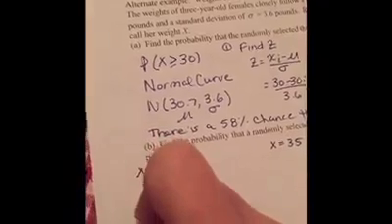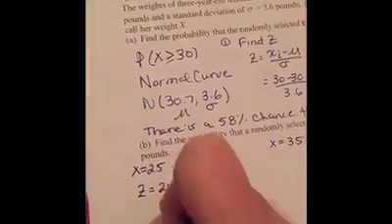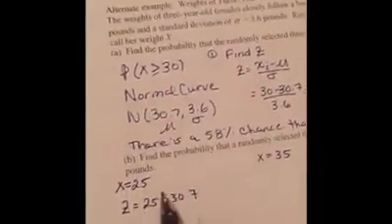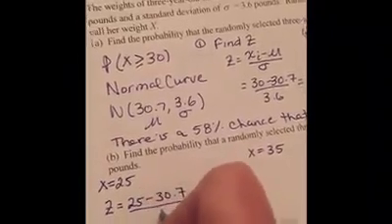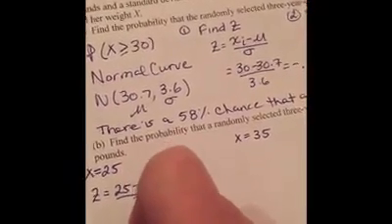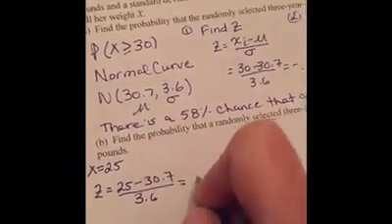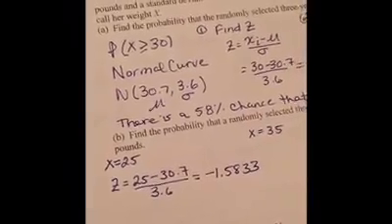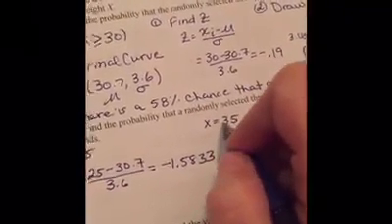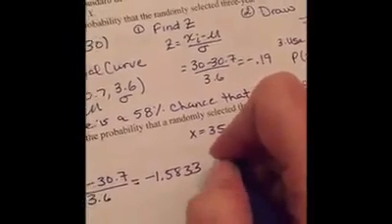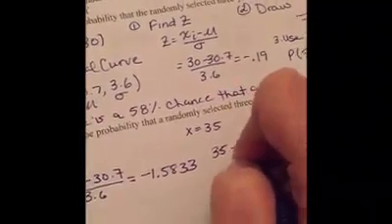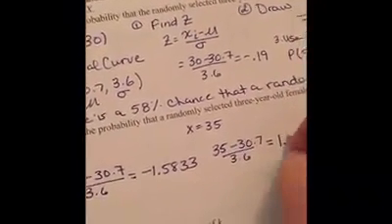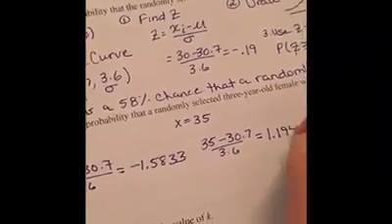So to convert these to z, we have our 25 minus our 30.7, which was the mean, and they told us the mean back up here in the problem, divided by 3.6, which is our standard deviation, and that comes out to be negative 1.5833. Then we have the z for our 35, so we have 35 minus 30.7 divided by 3.6, and that becomes 1.1944.